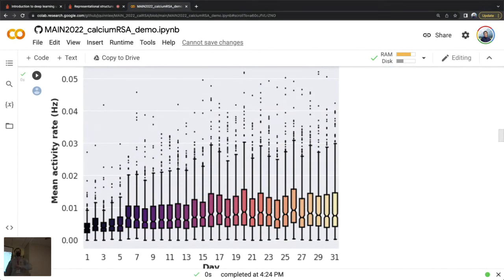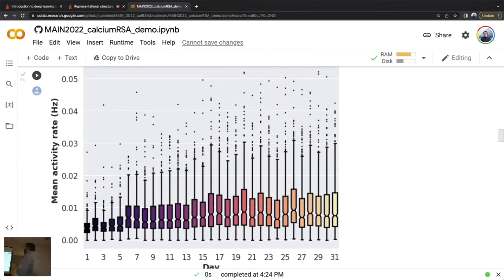We can't say for sure how much of that is due to the way that we're recording neurons optically, if there was maybe a change in the fluorescence. There are ways, with the pre-processing, that we try to control that, but we're not going to bet the farm on changes in firing rates just averaged over the whole session. But we can still look at relative firing rates among all the neurons over time.